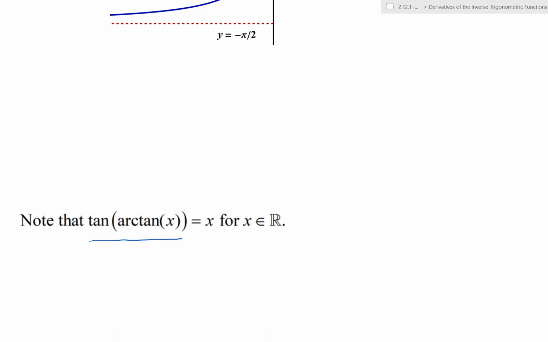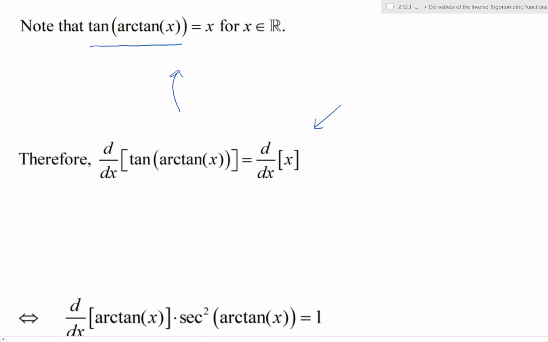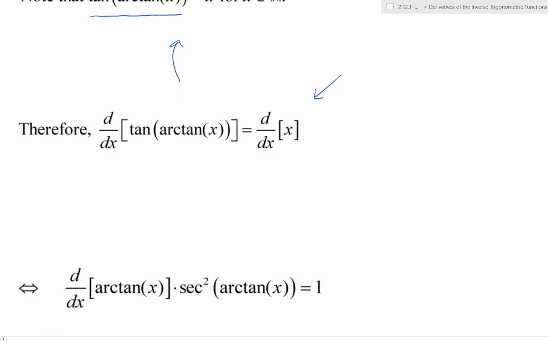And thus, if I went ahead and differentiated that equation, applying the process of implicit differentiation, we differentiate both sides of the equation with respect to x. The right-hand side, the derivative of x with respect to x, is just 1.